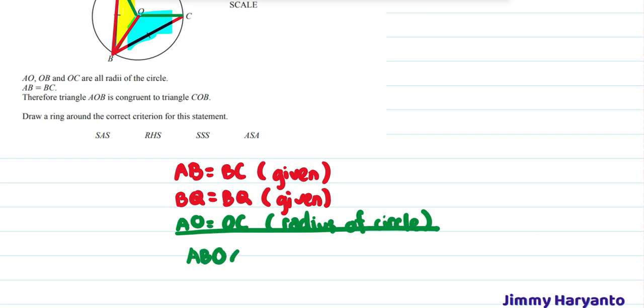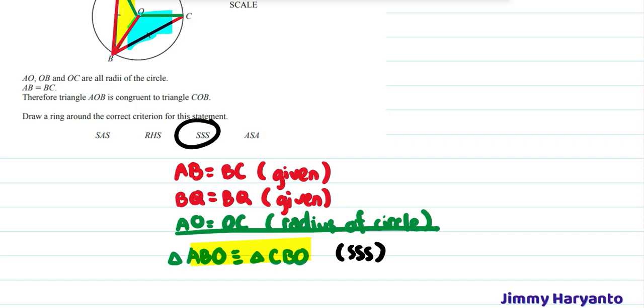ABO is congruent with CBO. And the reason for this one is SSS. So this one.